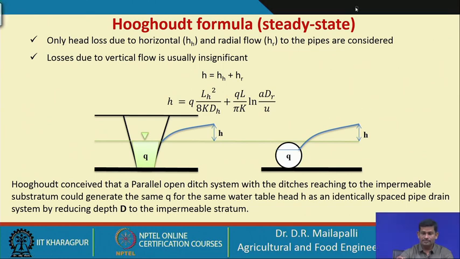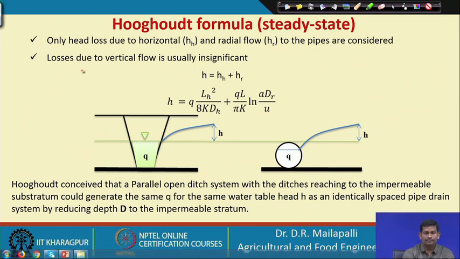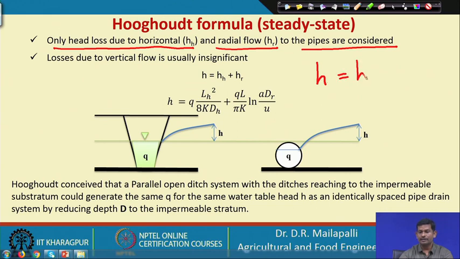So, based on the assumptions, only head loss due to horizontal and radial flow to the pipes is considered. Since we mentioned this is steady state, basically H is equal to H_V plus H_H plus H_R plus H_E, right. So, H_V and H_E we are neglecting here, based on the Hooghoudt assumptions.